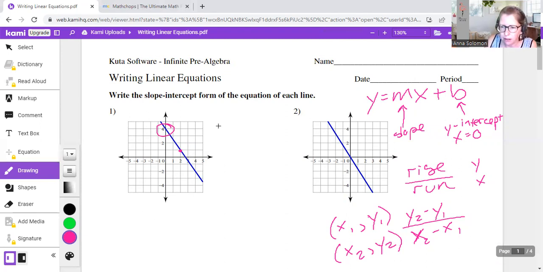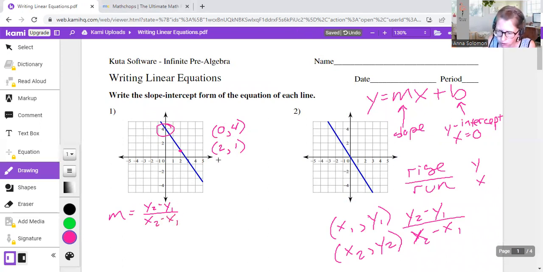So I'm going to say I've got the line 0, 4 is one point on that line. And then the other one is 2, 1. All right. So then I can do the slope formula, y2 minus y1 over x2 minus x1.